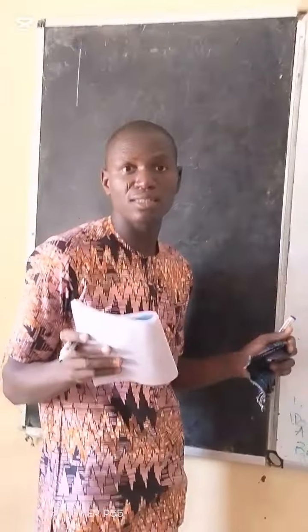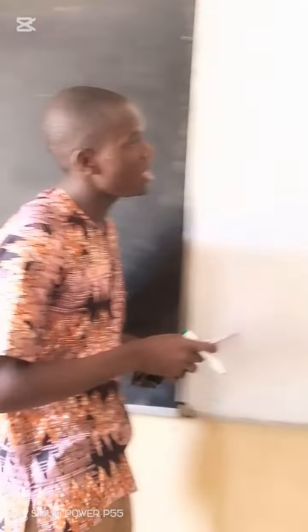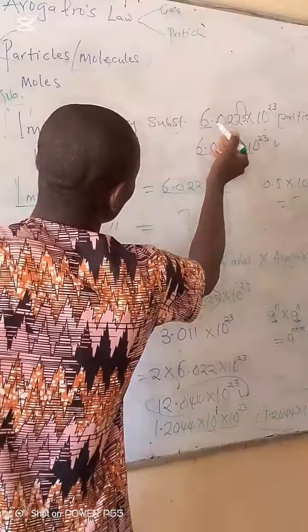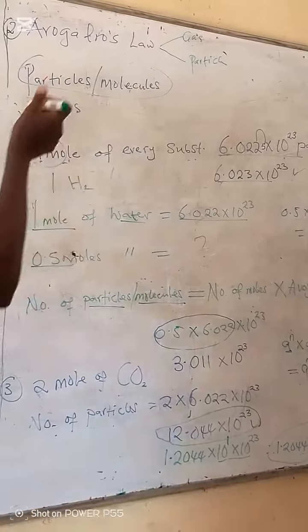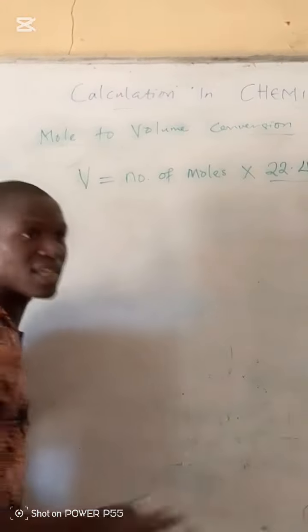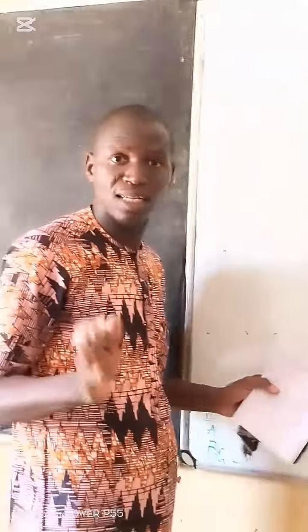And that's why, just like here, where he said 1 mole of every substance contains 6.022 times 10 raised to power 23, he is saying that 1 mole of every gas occupies 22.4 liters. Is this clear?